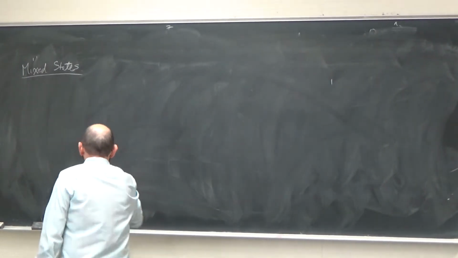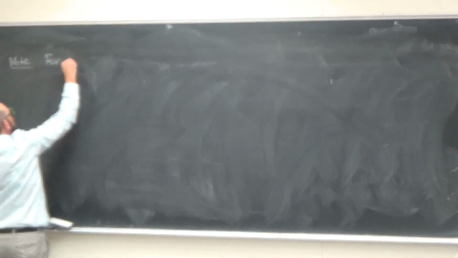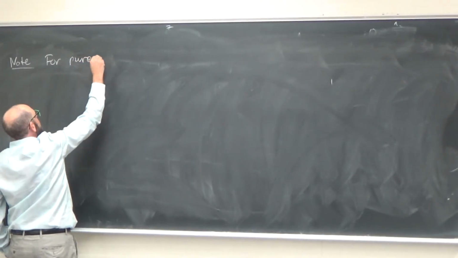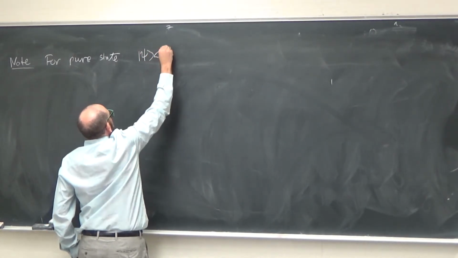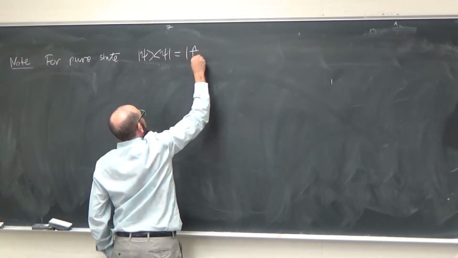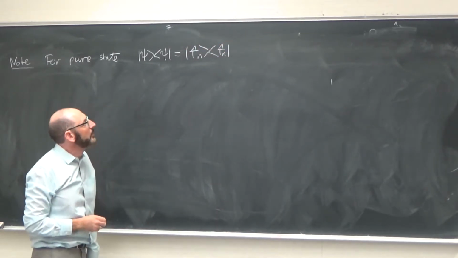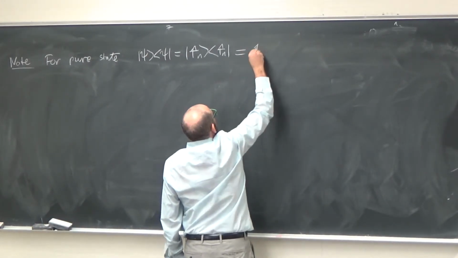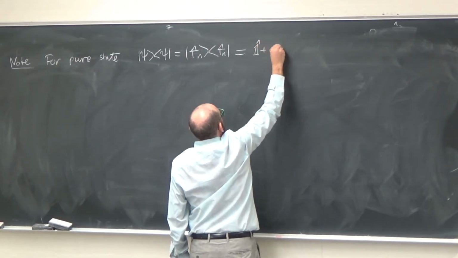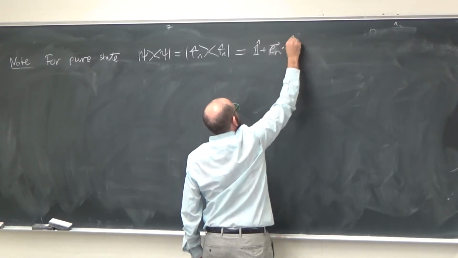Oh, before I say that, I wanted to say, for a pure state, a pure state is spin up along some direction, which is equal to 1 plus the Bloch vector dotted into the Pauli matrices, over 2, right?